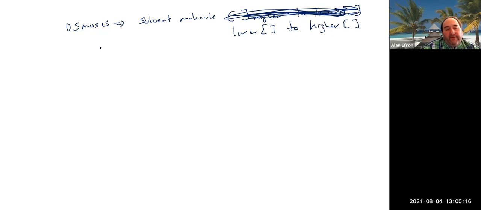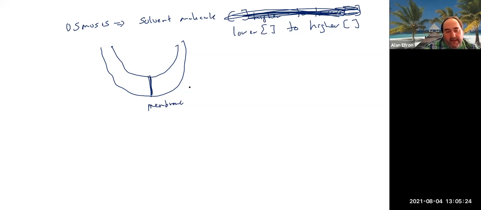So we talked about, if you had a tube and that tube had a membrane in there, like a semi-permeable membrane, on one side we have pure water, which has no osmotic pressure. On the other side, we had something like salt water, which has some particles dissolved in it.